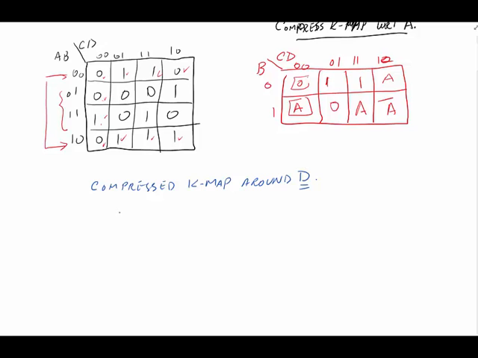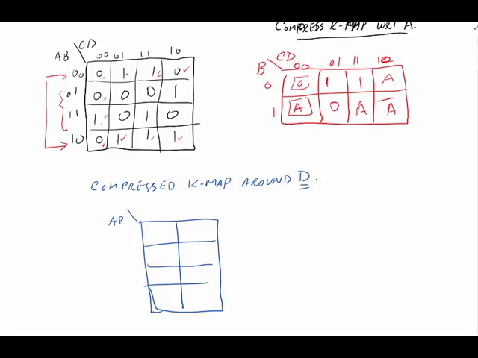In that case, if I'm going to compress around D, then I really don't need 4 columns. I only need 2 columns, but I still need my 4 rows. So that's what we're going to do. Our A and B have to stay, and we're compressing on D, so D is going away from the input side.